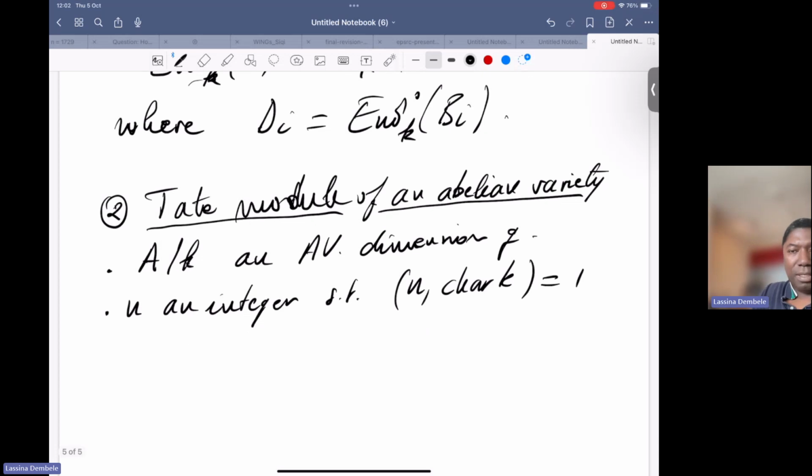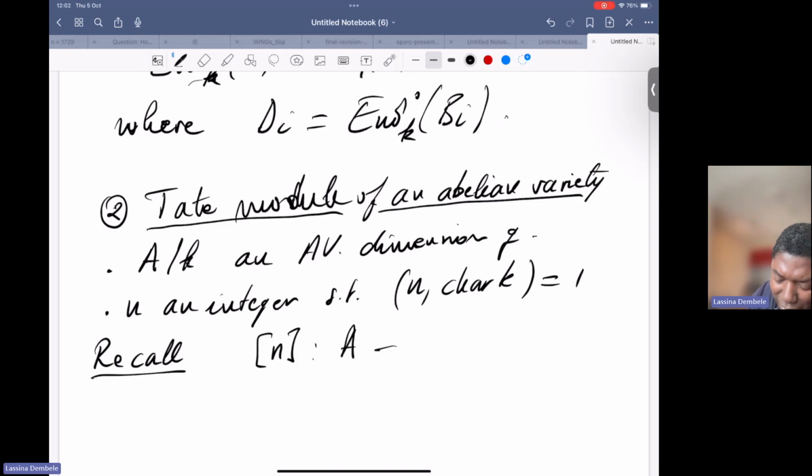And then from this, I want you to recall that we saw in the first lecture that under those assumptions, if you consider the multiplication by n map, which goes from A to A, then this is an isogeny.